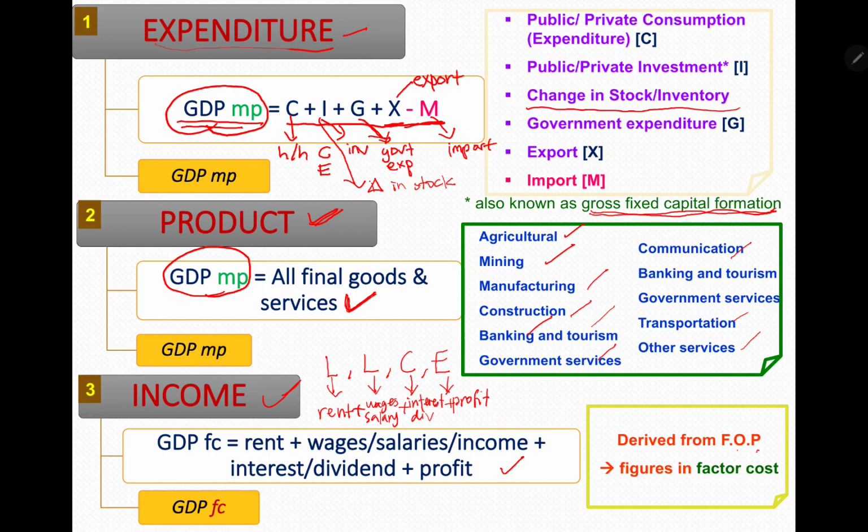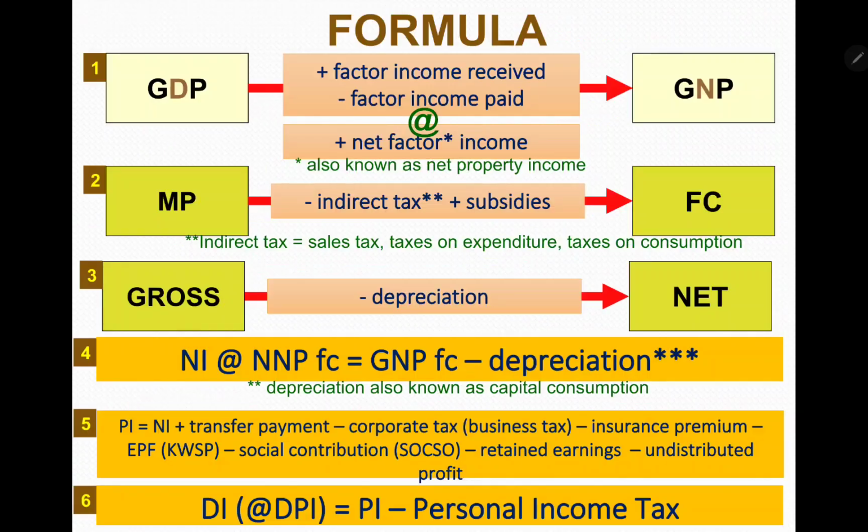So next we will see what the difference is between market price and factor cost. But before that, there are other formulas that you need to know. The first one would be the difference between GDP and GNP. Before this, I already explained to you the meaning of GDP and GNP, so I will repeat.